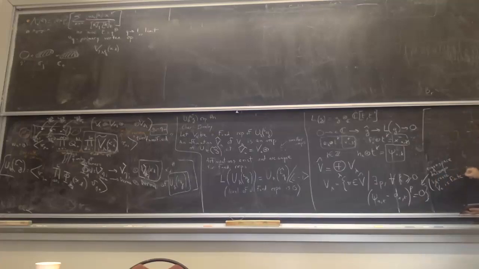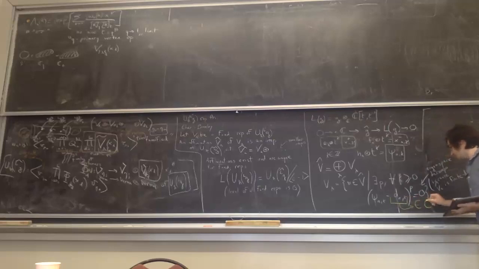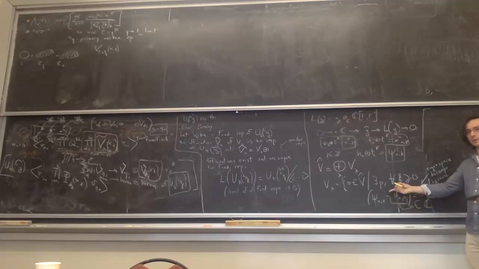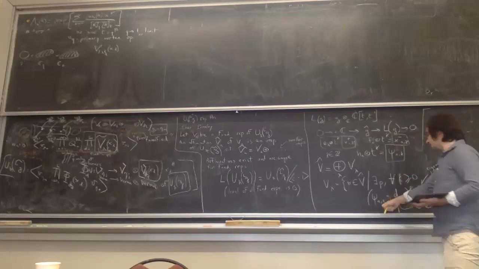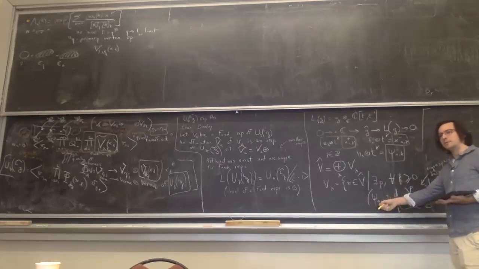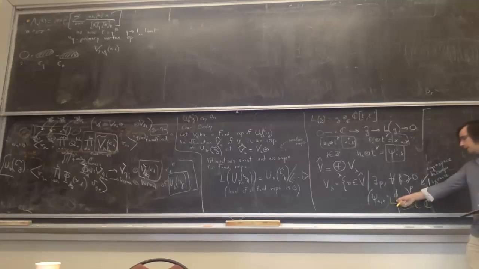So these guys are complex numbers, and they're called the weights. Think of these as the Cartan generators acting on some weight vector, and they'll produce these eigenvalues, which are called the weights.